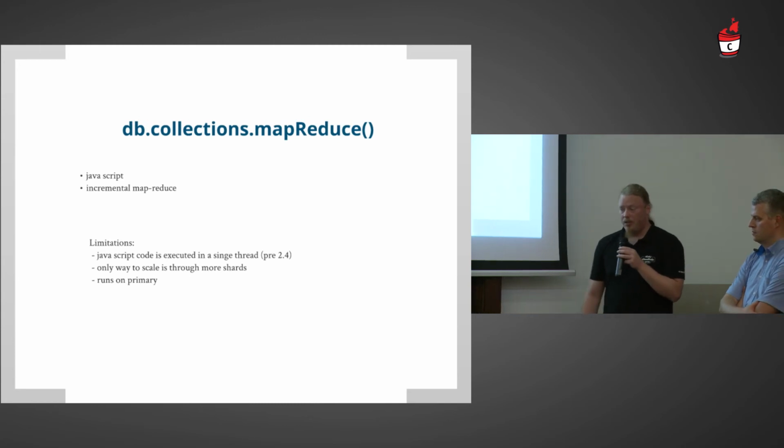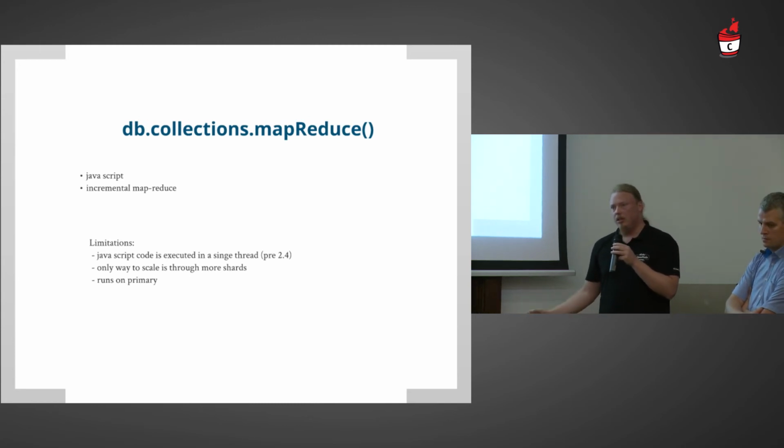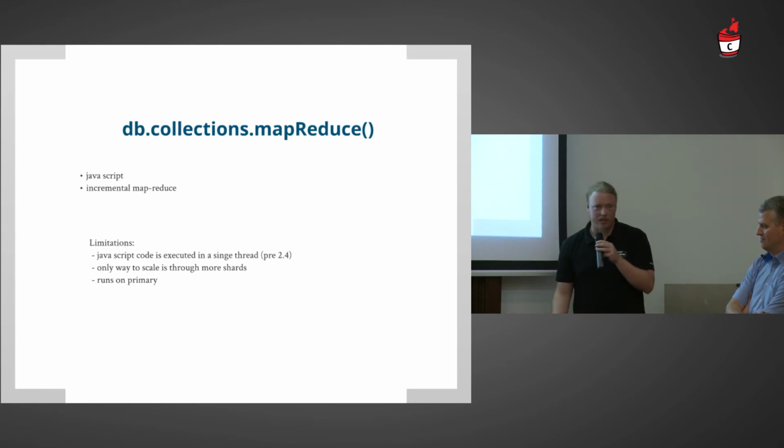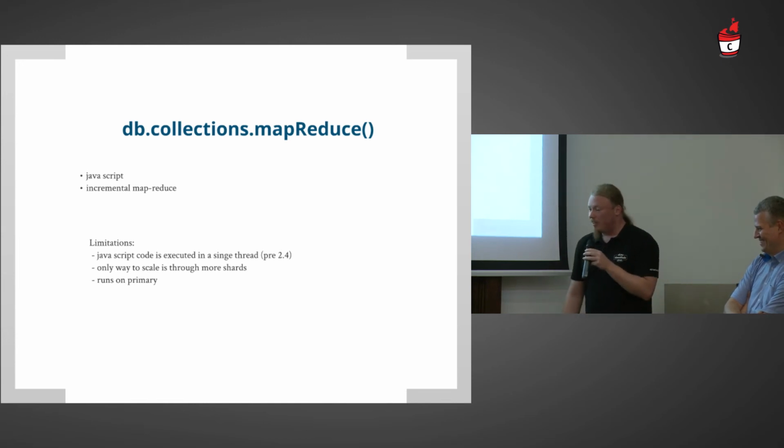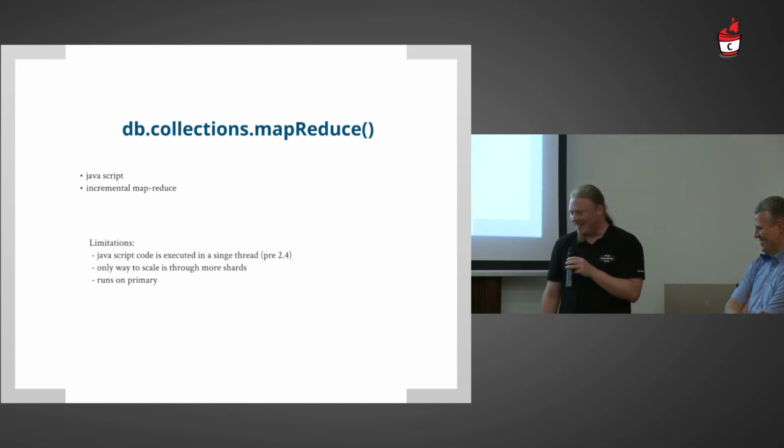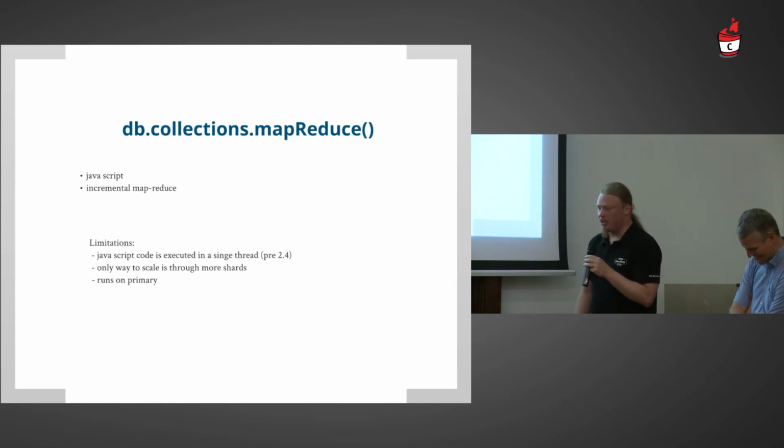which is actually pretty nice because you write your map and reduce functions in JavaScript. Almost everybody has JavaScript developers in their company nowadays, at least in web companies, which was actually pretty funny when you ask your front-end developer for help when debugging map and reduce jobs. But again, we have some limitations.